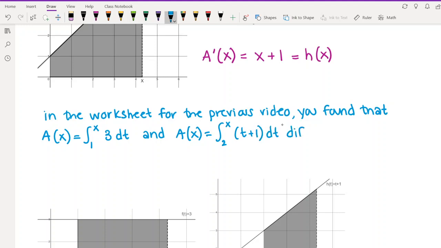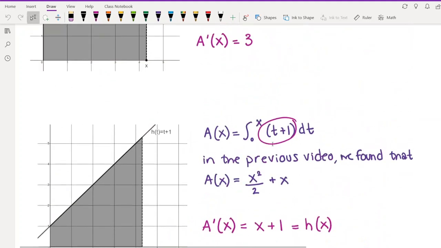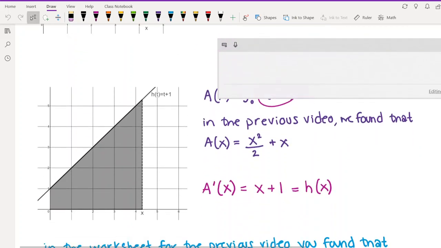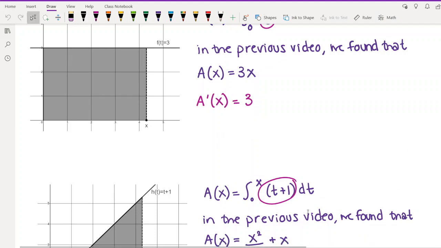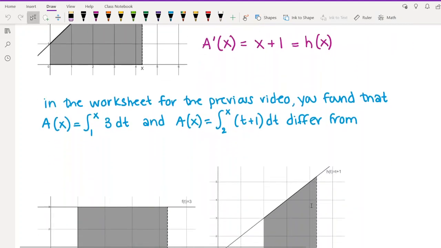You should have found that those formulas differ from the formulas above, so the ones that we found up here, A of x equals 3x and A of x is equal to x squared over 2 plus x. You should have found that they vary just by a constant.